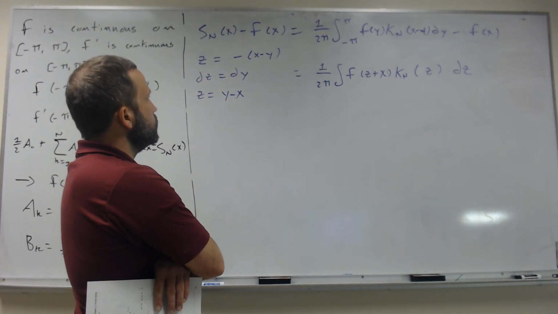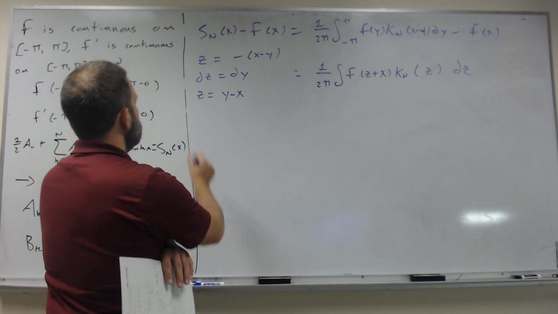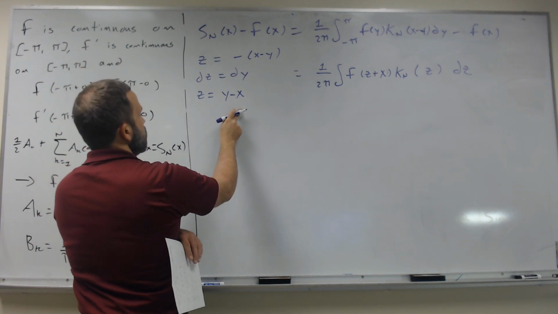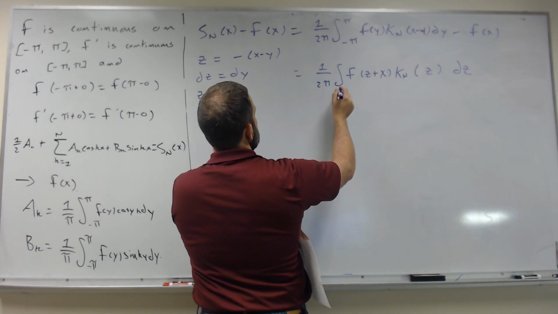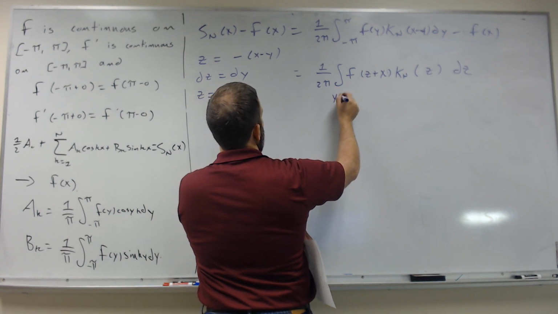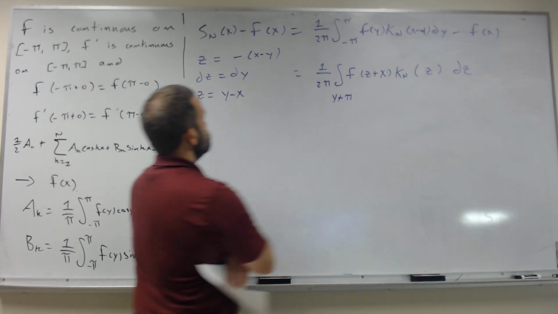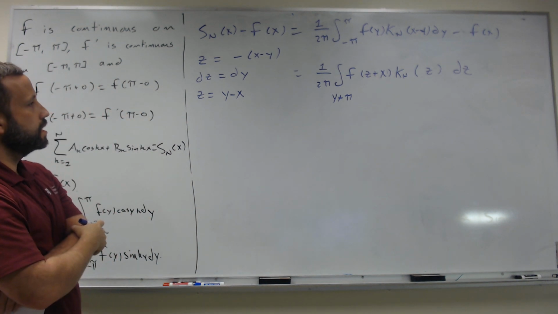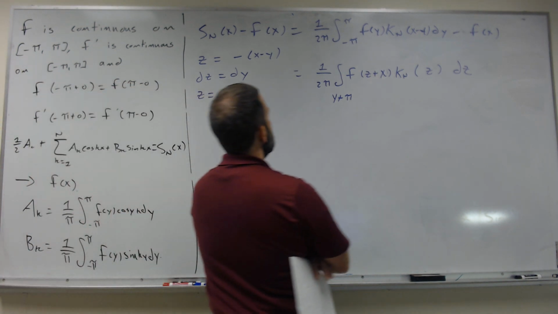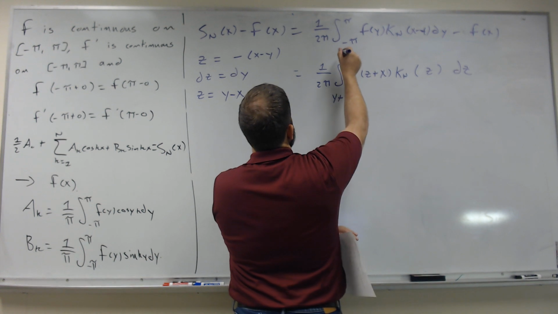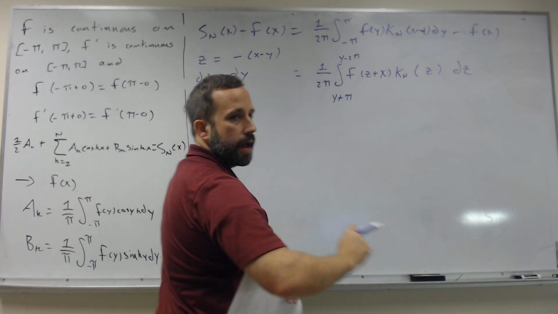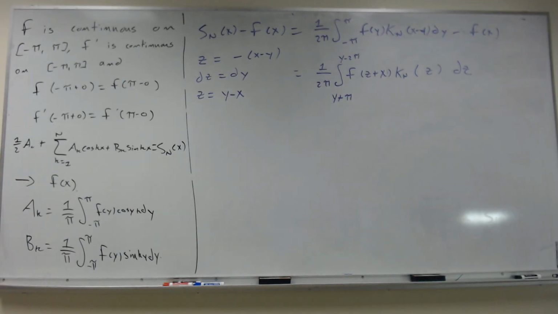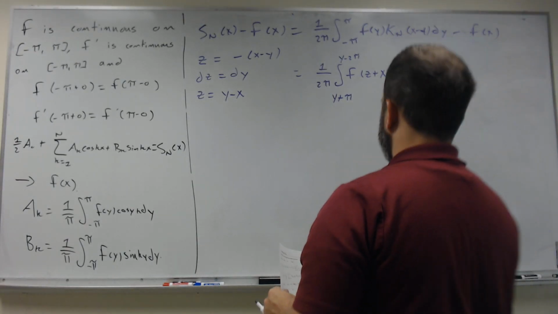Now the limits of integration, if z is equal to y minus x, then my limits of integration here should be y minus pi, and here y plus pi. Sorry, I got that backwards.